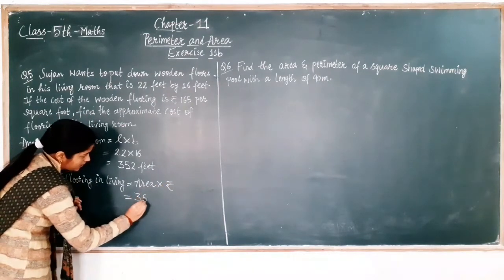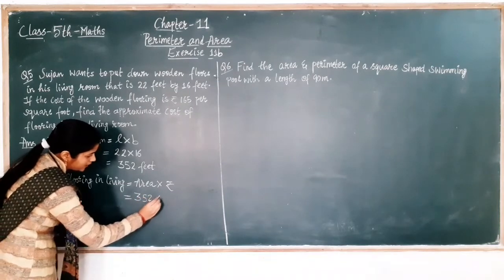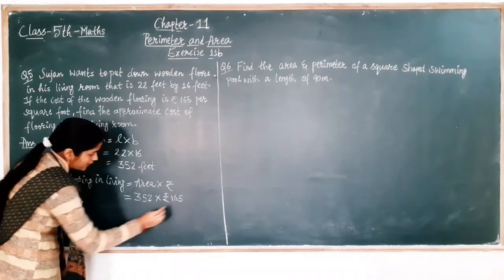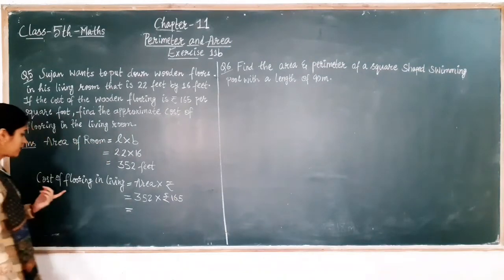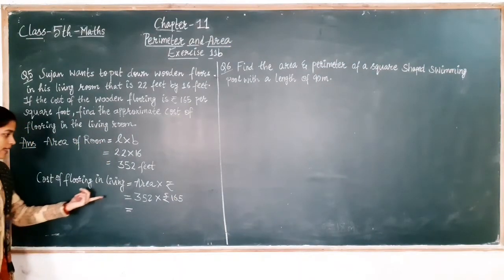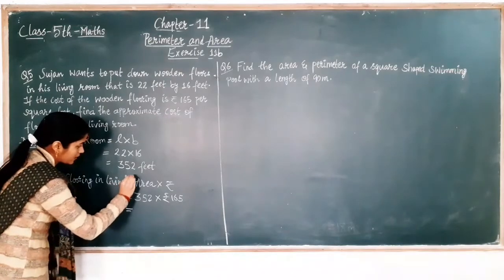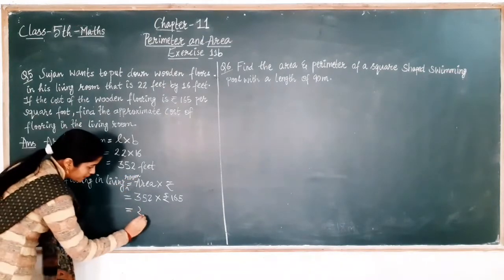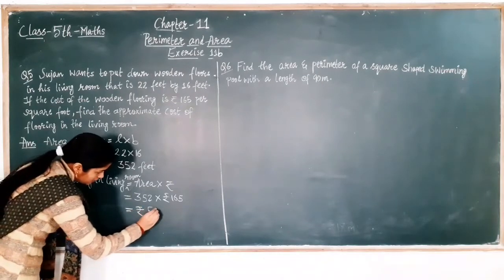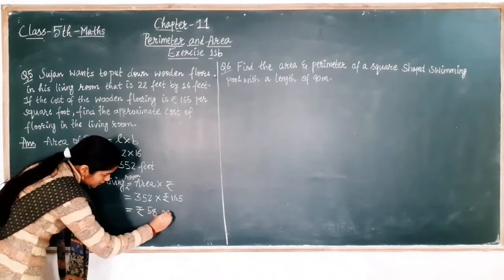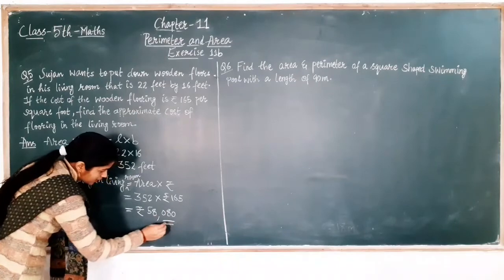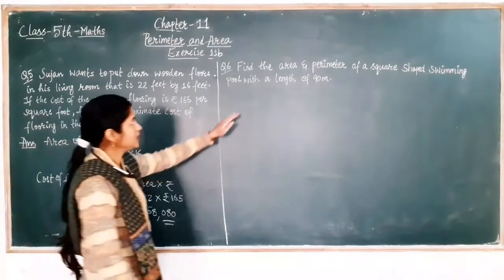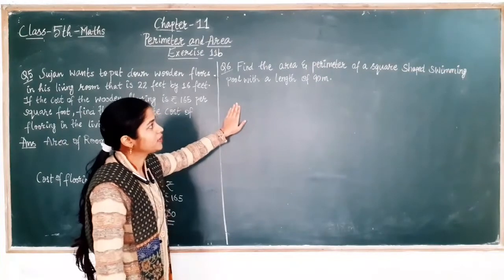Because the area is 352 feet into rupees 165. So what will be the cost of flooring in living room? It would be rupees 58,080 rupees.